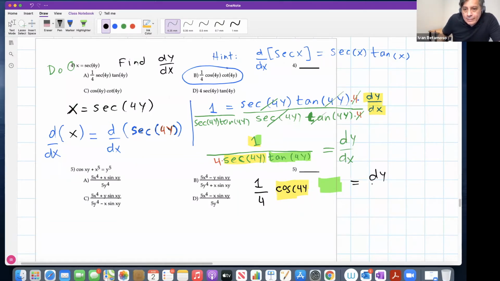Excellent. I see, guys, you remember cotangent. So this will justify the cotangent here. A very tricky problem. I hope you remember this for your homework. This is the answer: cosine of 4y times cotangent of 4y multiplied by 1/4, because this is the 4 that comes out of the derivative of the inside function. So that's the answer, okay?